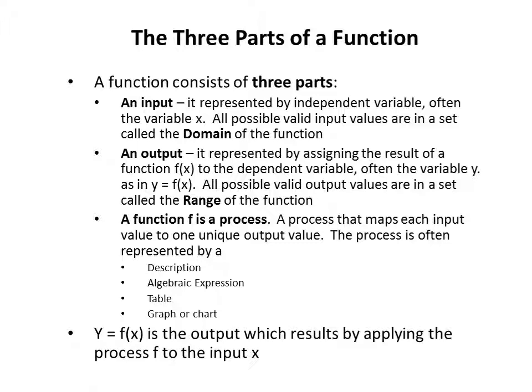So y equal to f of x is the output, which results from applying the process f to the input. So y and f of x are interchangeable. The f of x is the function notation. So let's say f of x equals 2x plus 5.